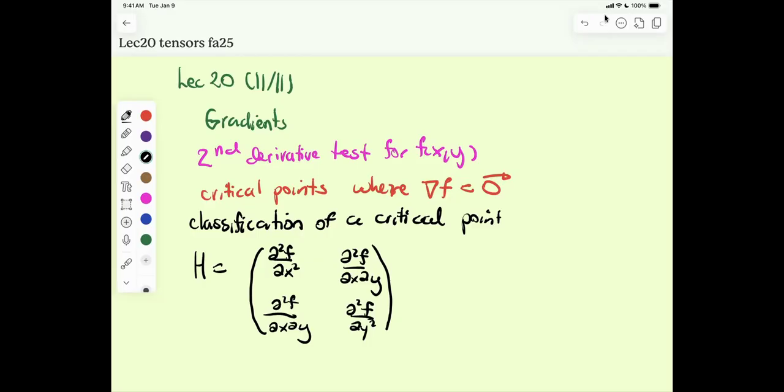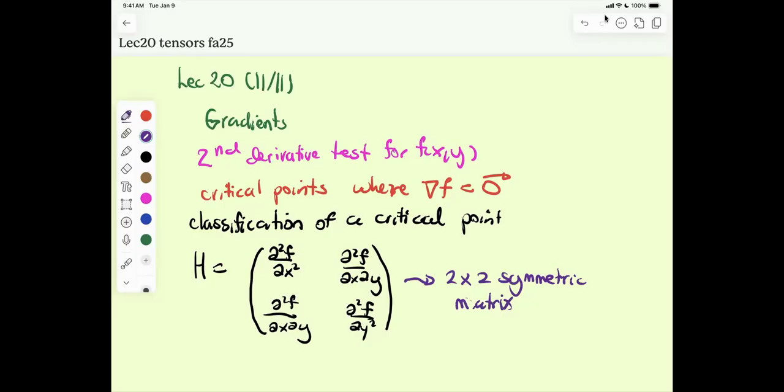And again, this is the correct way to state it. If you look at this matrix, it's symmetric. That's the most important thing about it, because the mixed partial derivatives commute. It doesn't matter if you do x first and then y, or y and then x. So this is a 2 by 2 symmetric matrix, and because it's 2 by 2 symmetric, it has real eigenvalues.